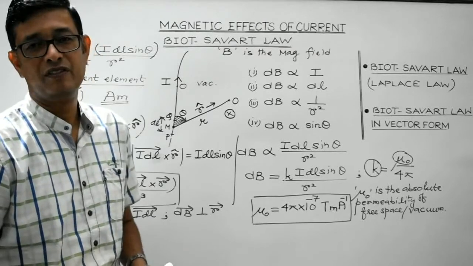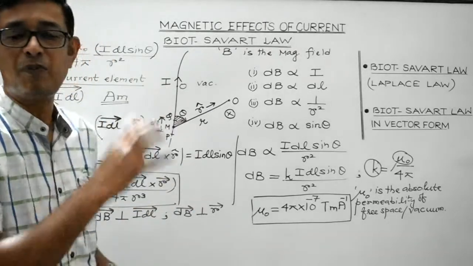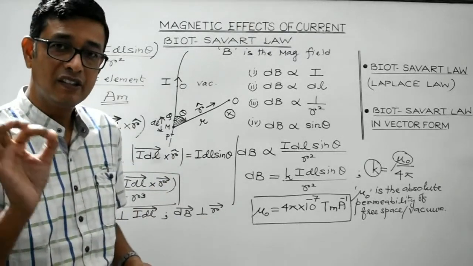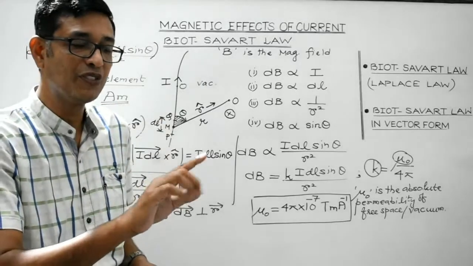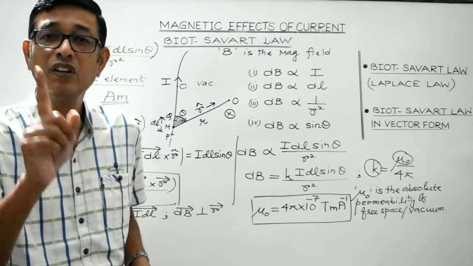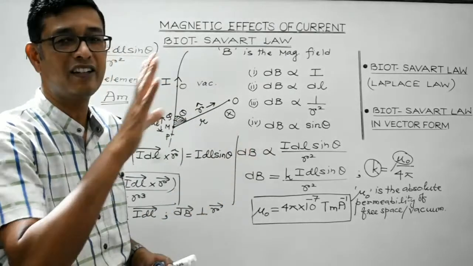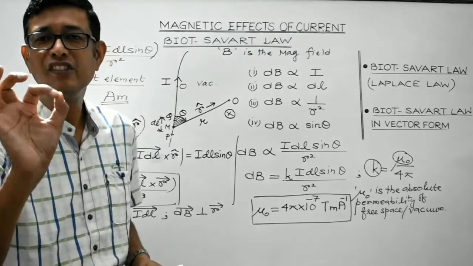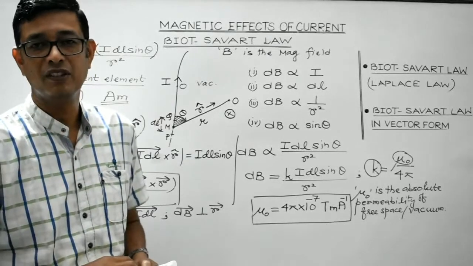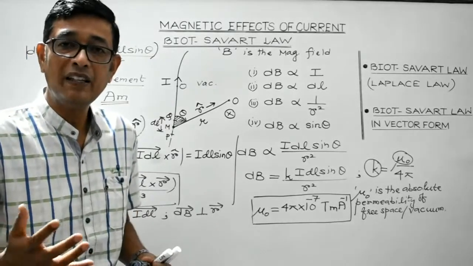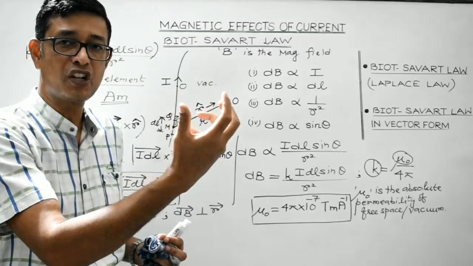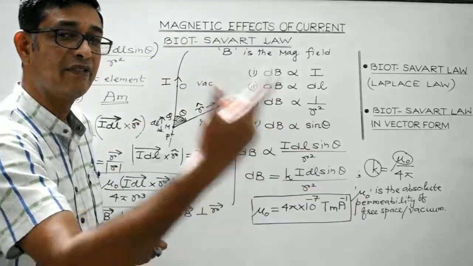Here I must mention a very important point of difference between electricity and magnetism. Now look, students, electric field is due to an electric charge, which is a scalar quantity, while on the other hand magnetic field at a point is due to a current element, which is a vector quantity. This is a very essential point of difference. Another very important point: electric field is represented by electric field lines which originate from the positive charge and terminate at the negative charge.